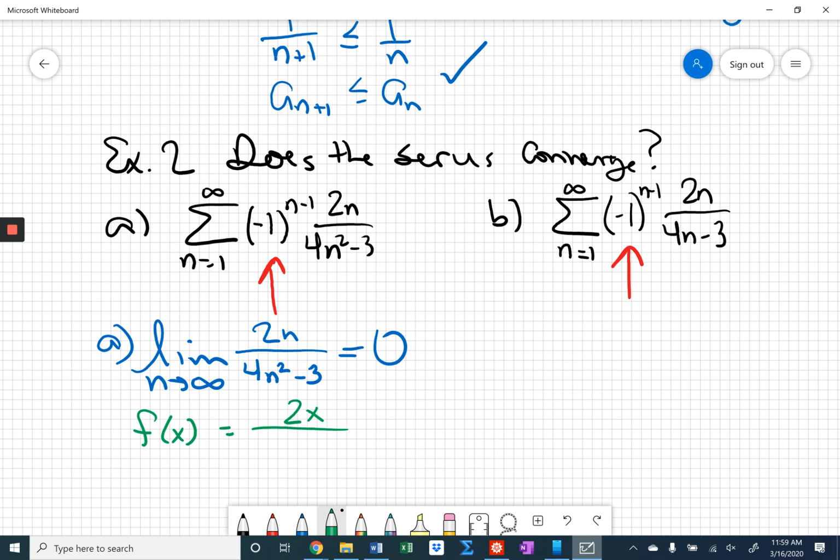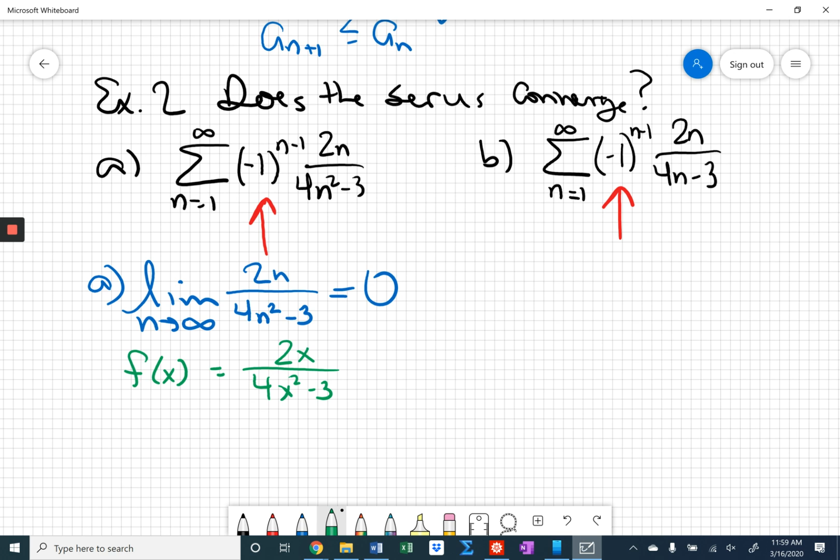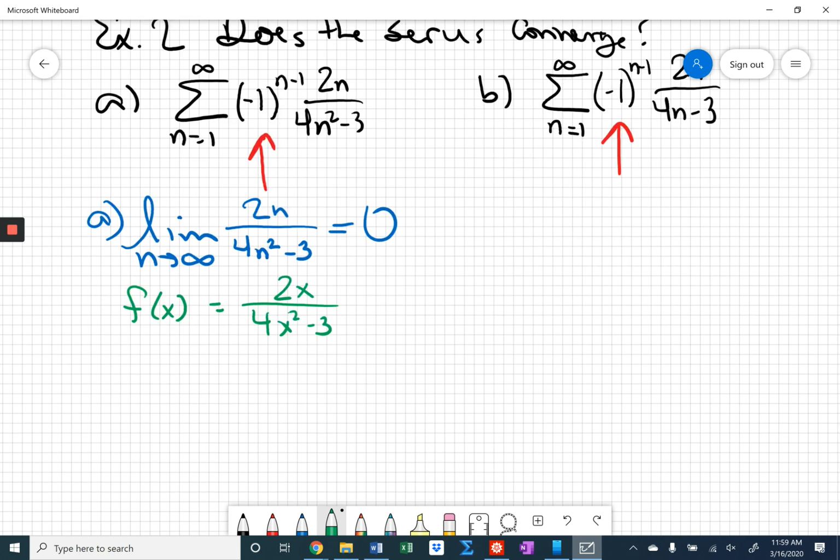So I need the derivative to be negative from 1 to infinity, or at least at some point to infinity. Maybe there were a few terms where it doesn't behave that way, but going off to infinity. All right, so let's apply our quotient rule: low, 4x squared minus 3, d high, minus high d low, all that good stuff, over low squared.